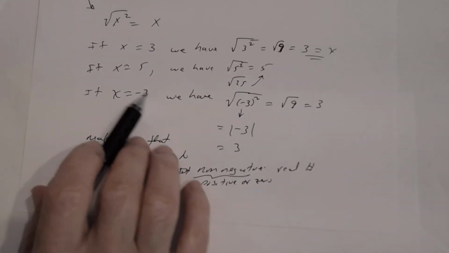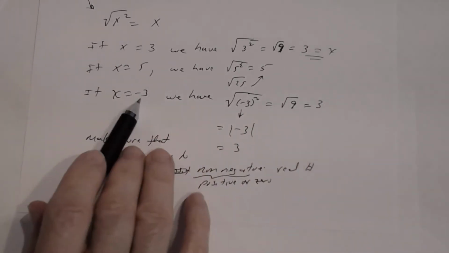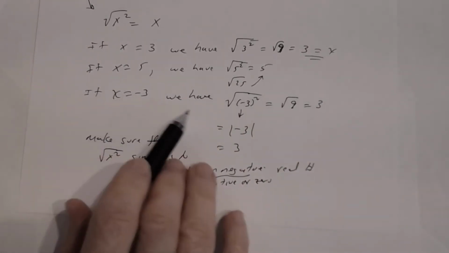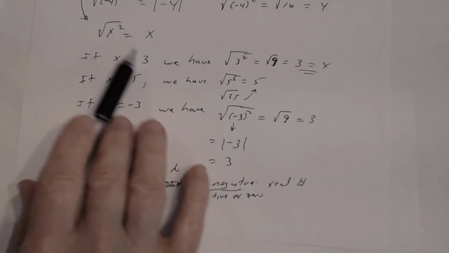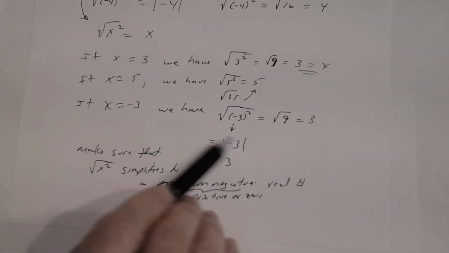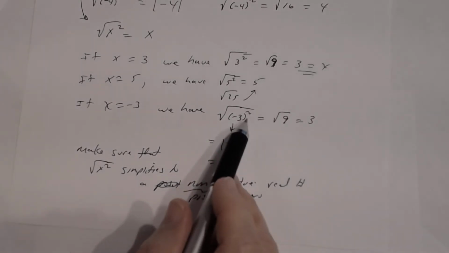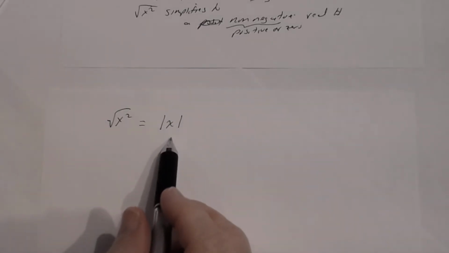If x is negative, I have -3 squared, which is 3, not -3. So when I say the square root of x squared equals x, I've got to put this in absolute value to make sure it's positive, because if I don't put an absolute value like I did here, I'm saying it's negative. And the square root of any negative number squared is always going to be positive. Okay, so we have to use absolute value.